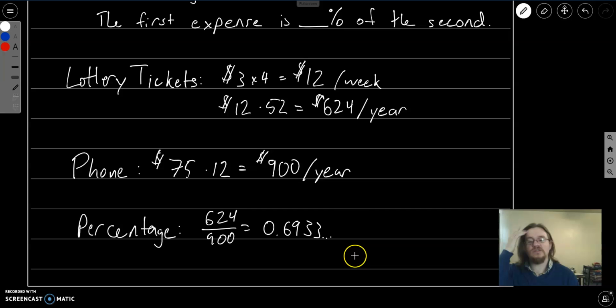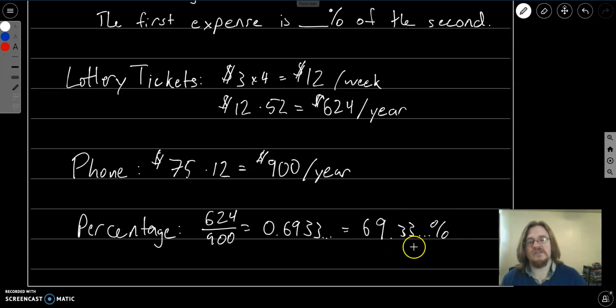And if I want to round it to the nearest percent, well, first of all, this is a decimal, and this is not a percentage. So to turn this into a percentage, I need to multiply by 100. So if I multiply this by 100, I'm shifting the decimal place over twice. So technically this would be 69.33 forever.